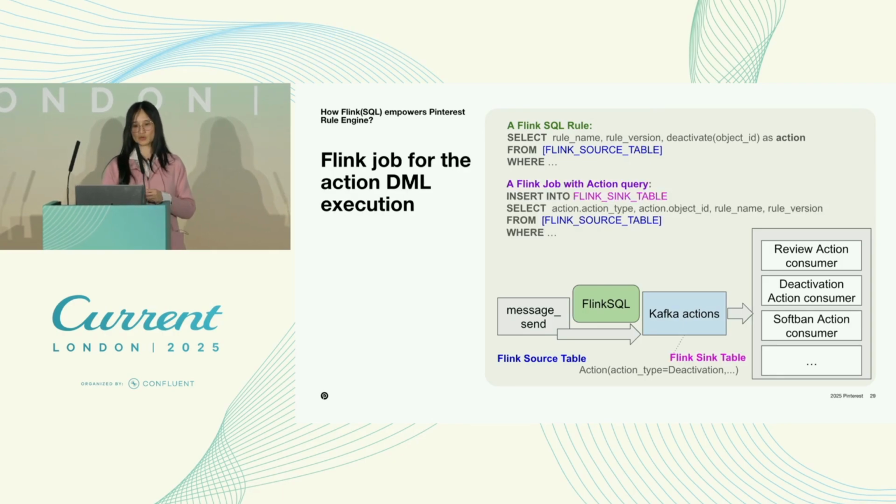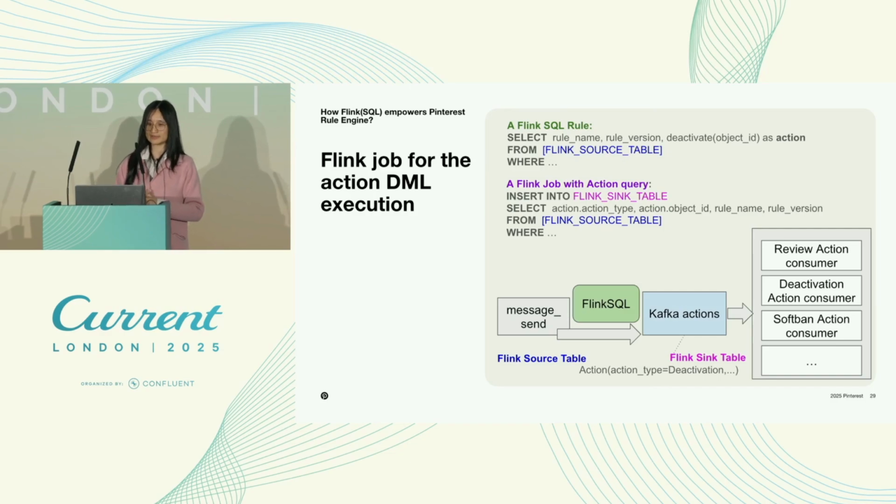For the Flink SQL job for action DML execution, as we mentioned before, the Flink SQL rule job essentially connects to the sink with the action messages. So the full Flink SQL DML to be executed on the job is just an insert into keyword with the sink. All the select statement could remain the same.